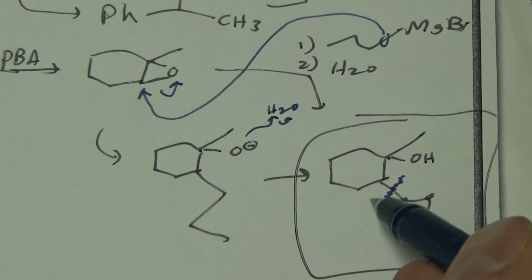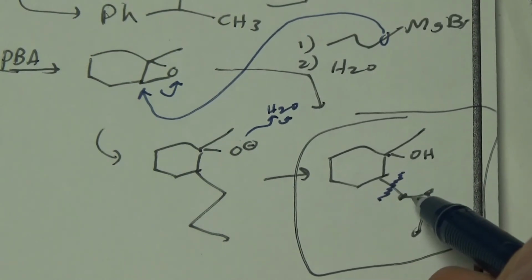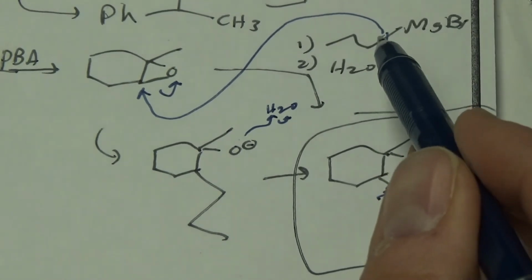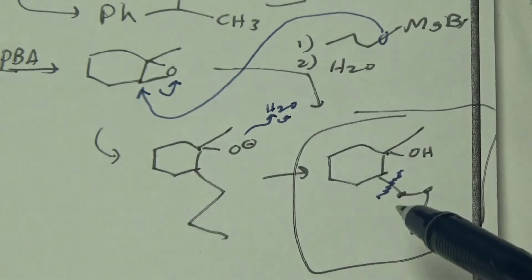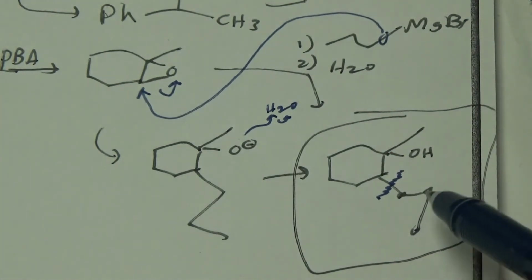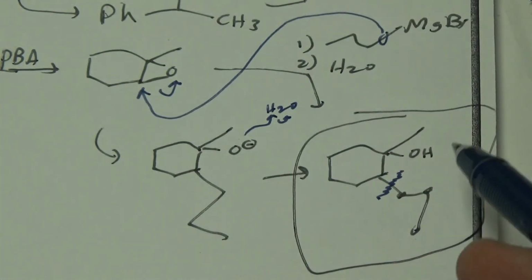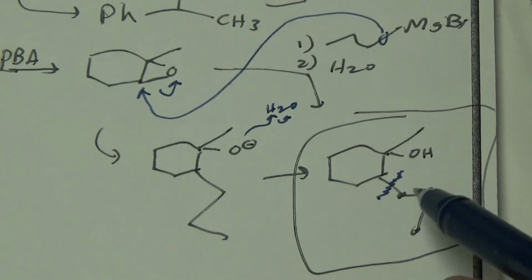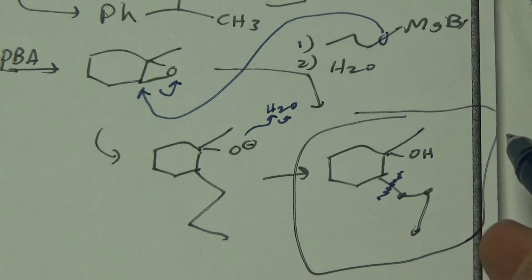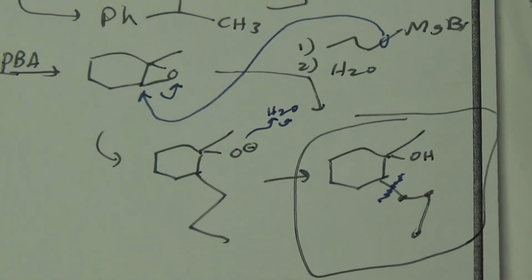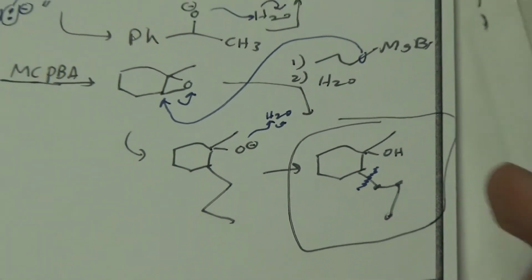The OH is directly attached, right? But in an epoxide, the Grignard carbon is actually attached next door to where the alcohol is. We'll see that again, but just keep that in the back of your mind right now: where the Grignard thing, the thing that attacked, is relative to where the OH is. Okay. We'll see that again in a second.